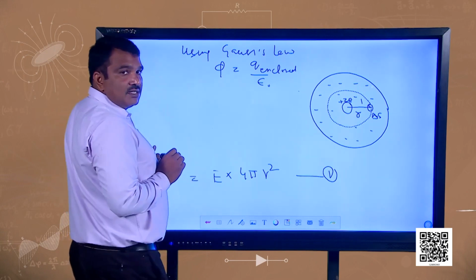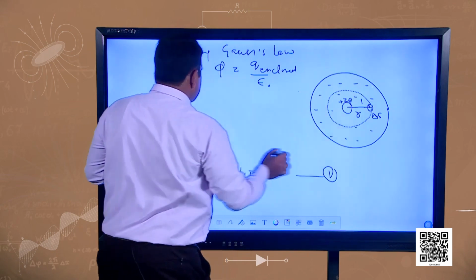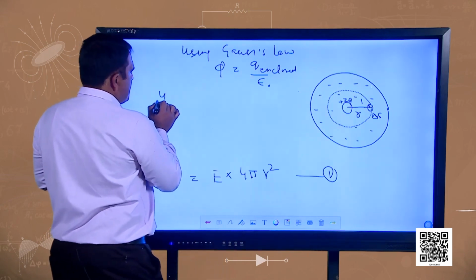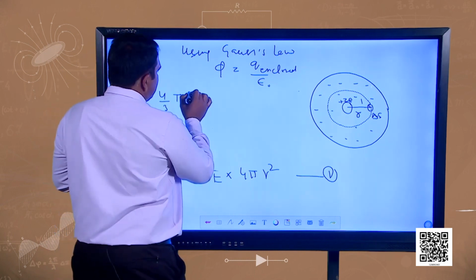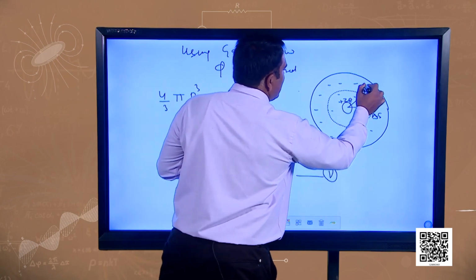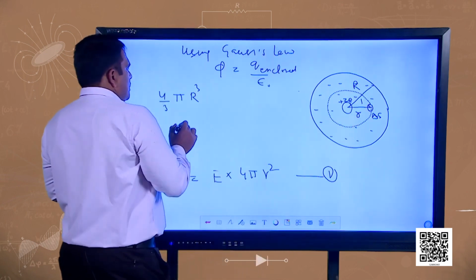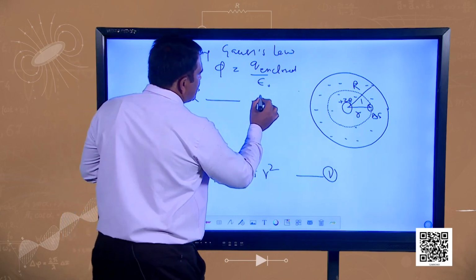So the total negative charge which is present in the whole volume of the atom, of volume 4 by 3 pi capital R cube, suppose the capital R is the radius of the atom, is minus ZE.